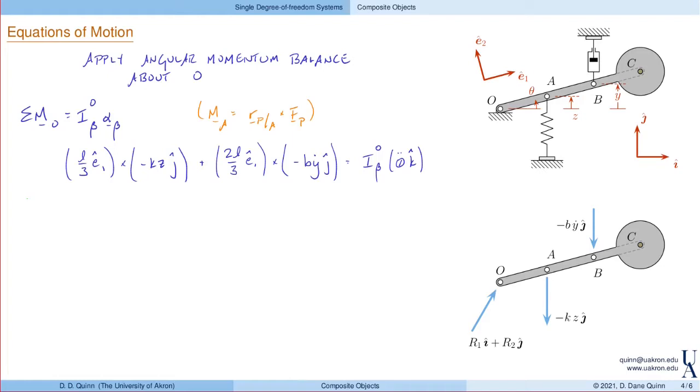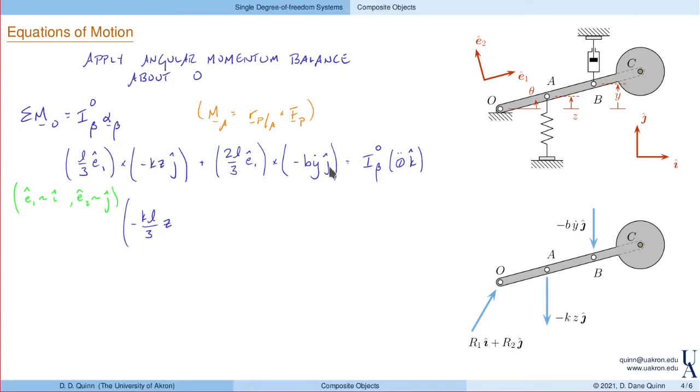Once again, E1 is basically I, E2 is basically J. Again, this is a linearized view of things. So I cross J, that's equal to K. So we have KL over 3 minus Z, and I'll factor out the direction in a second.